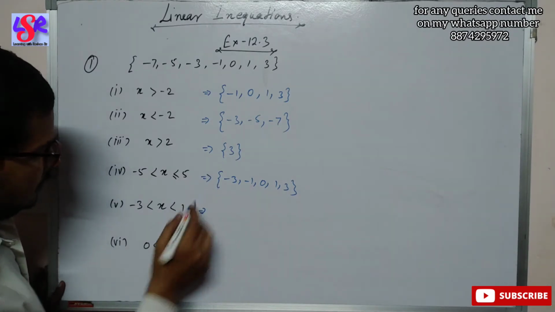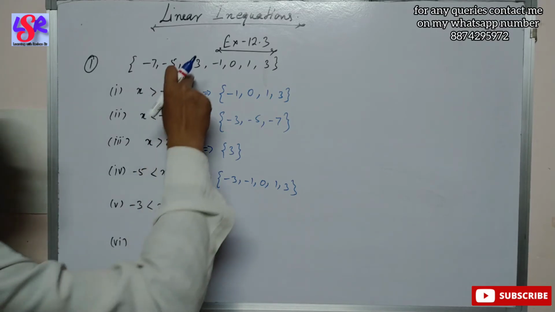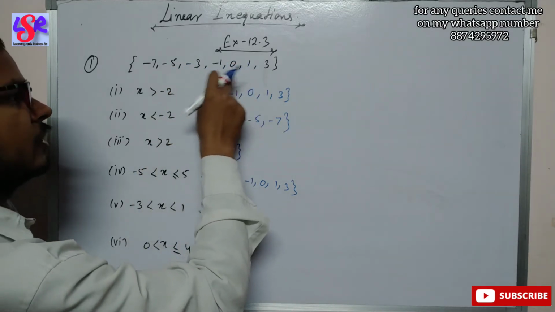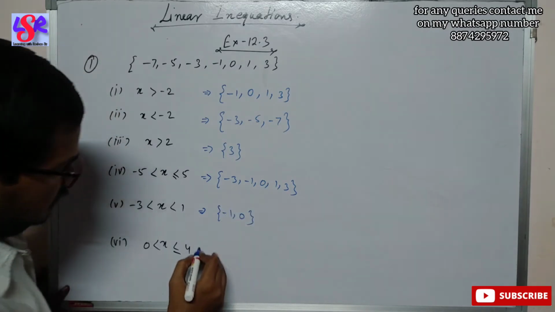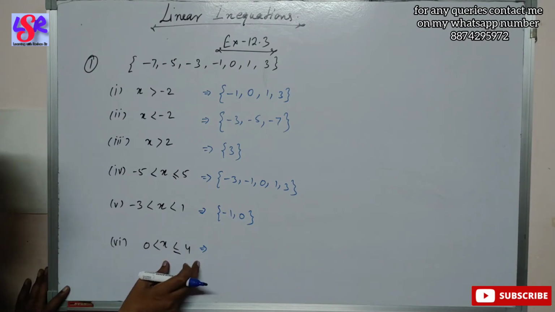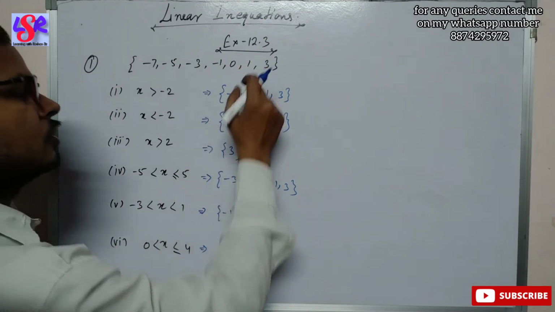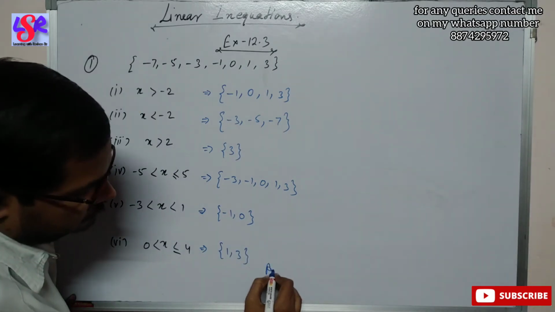Now the next one is x is greater than -3 but less than 1, तो -3 से बड़ा है और 1 से छोटा है, so we are going to take only these two, that is -1 and 0. Then the next one is x is greater than 0 but is less than equals to 4, तो 0 से बड़ा यानी कि 1 और 2, 1 and 3 we can take, so 1, 3, that is your answer.